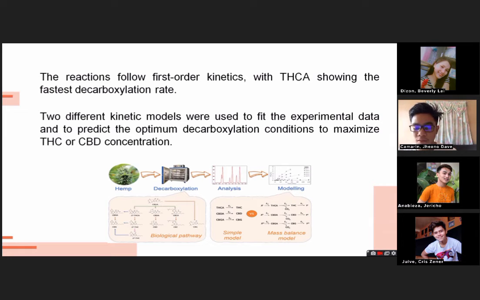This reaction follows first-order kinetics with THCA showing the fastest decarboxylation rate. In all cases, a significant loss of neutral cannabinoids was observed at elevated temperatures and reaction times, although this can be minimized in the absence of oxygen.